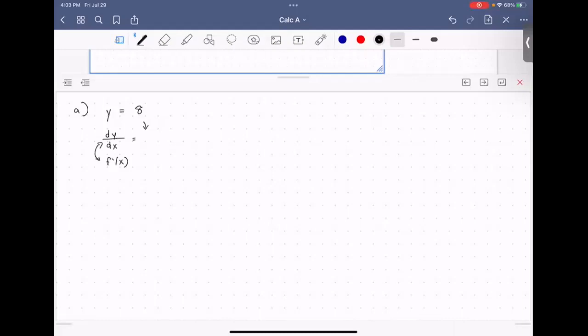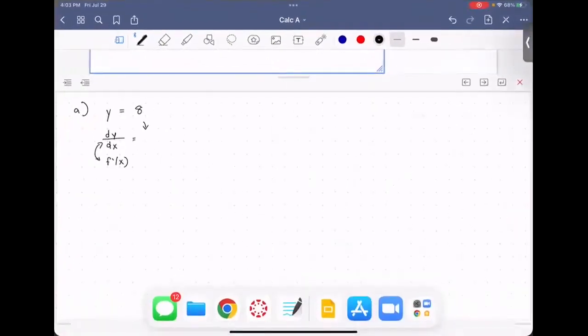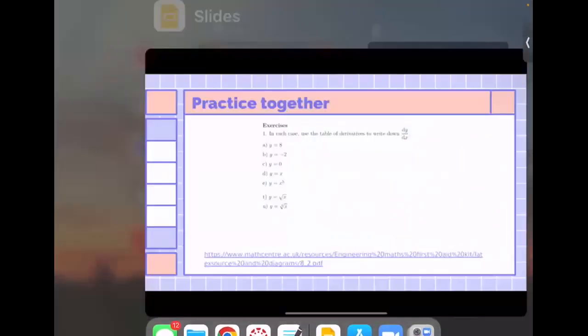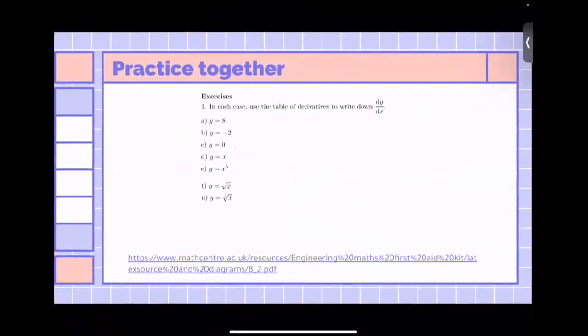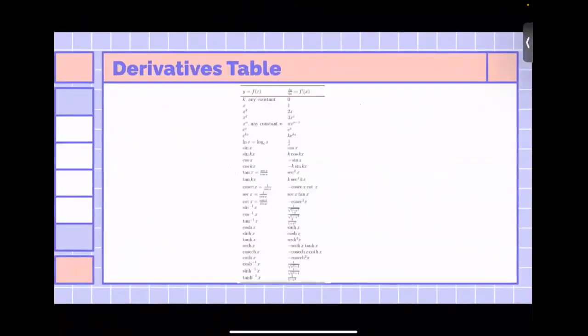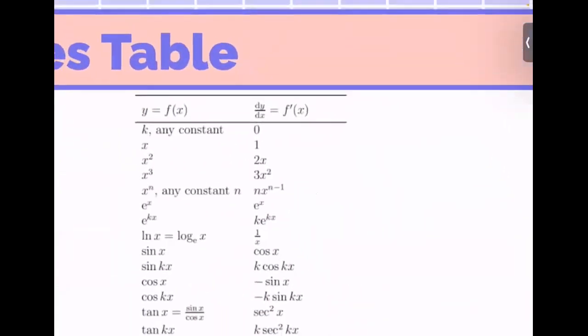Okay, so we want to find the derivative of 8. So if I was going to use the table of derivatives like it says, we know that 8 is a constant. So we would look at the first line, k, any constant, is going to be 0.